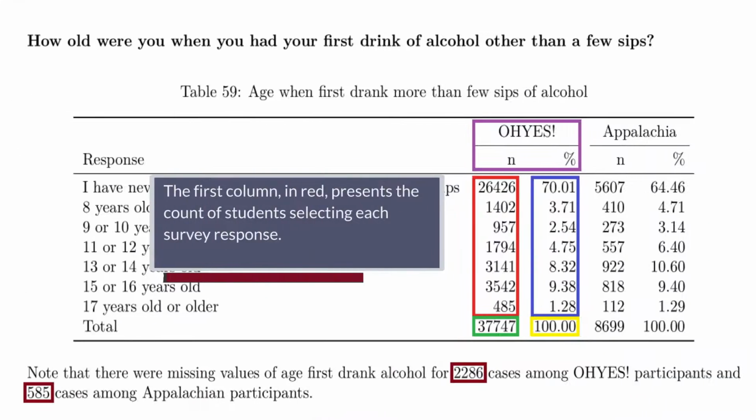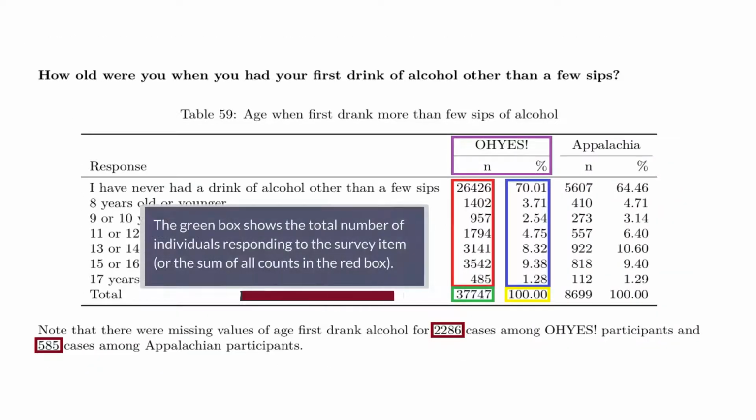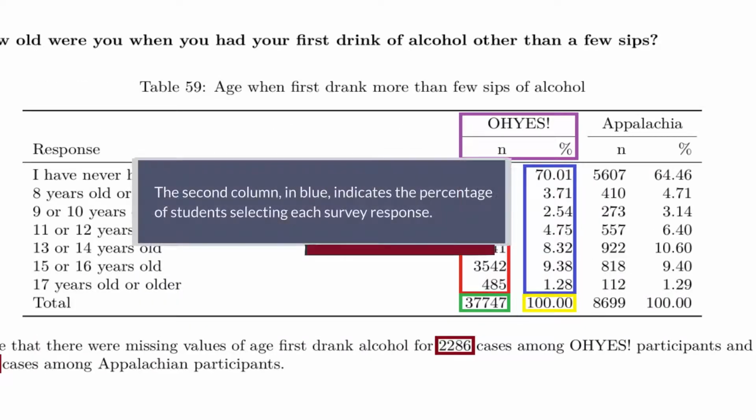The first column, in red, presents the count of students selecting each survey response. The green box shows the total number of individuals responding to the survey item, or the sum of all counts in the red box.